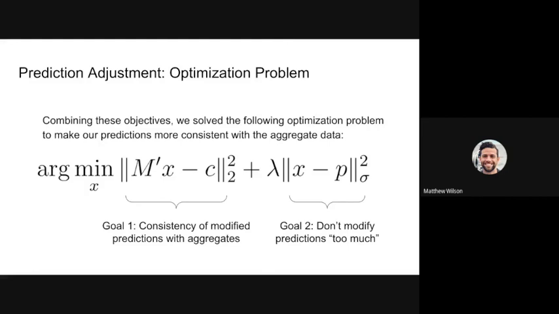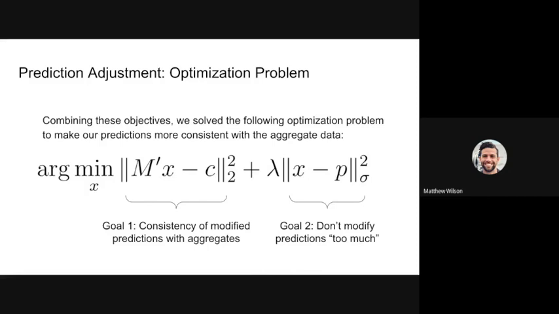And when we solve this optimization problem, we get an optimal x star, which turns out to be better predictions for the observations in X test than our previous best predictions, which was the vector p. So that's the details of prediction adjustment.